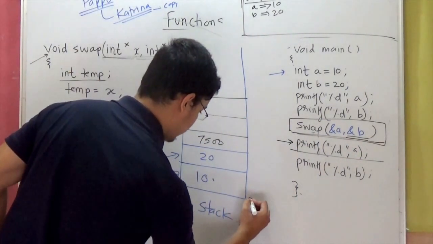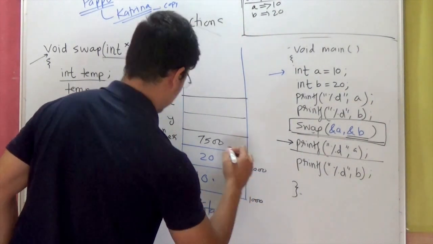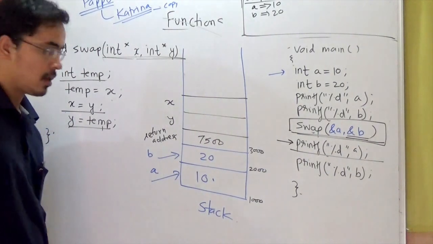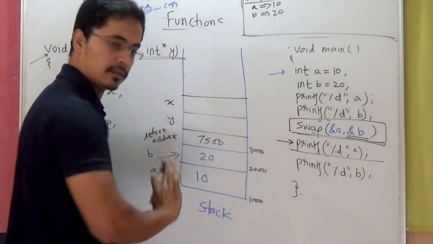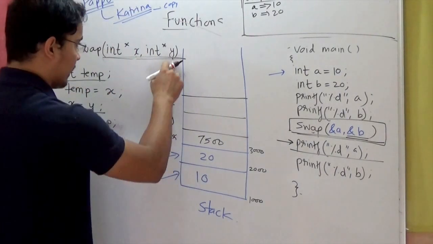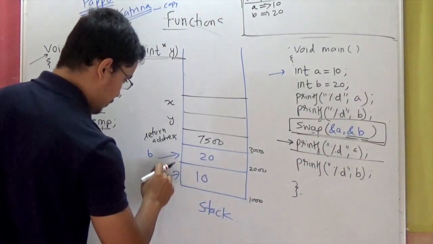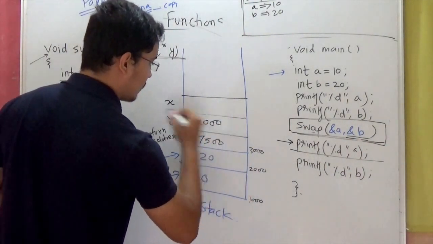So let's give them some addresses. Address of a was 1000, b was 2000, this was 3000. Remember, all these are memory locations, so they will each have some address. Now y is assigned address of b. So address of b is 2000; that will be assigned to y.